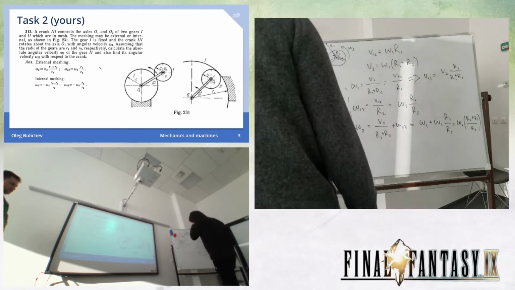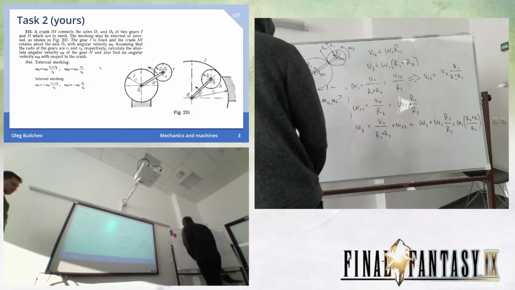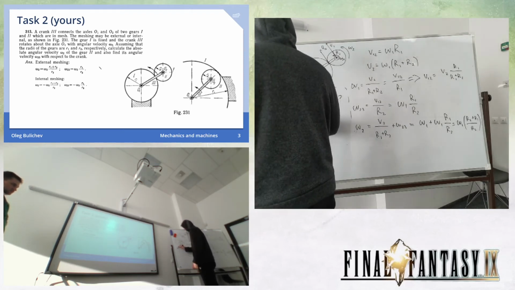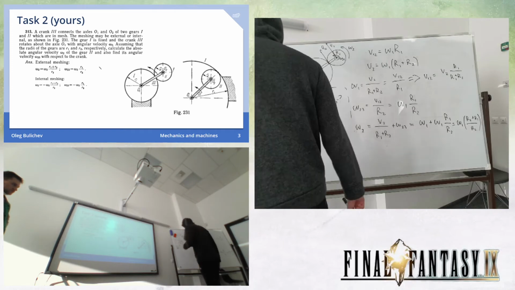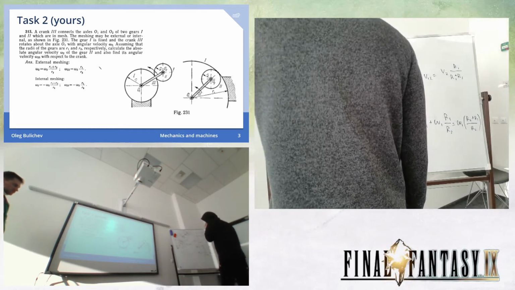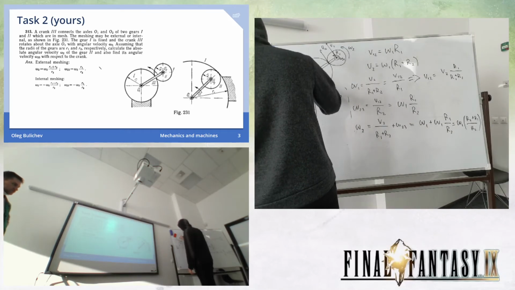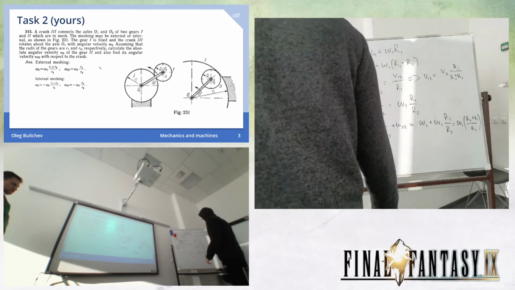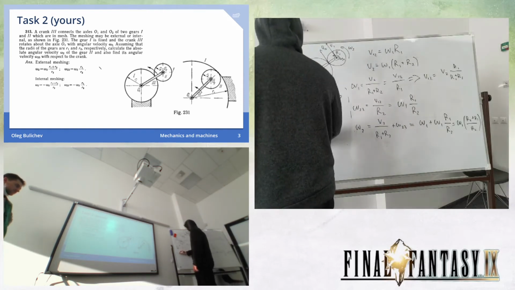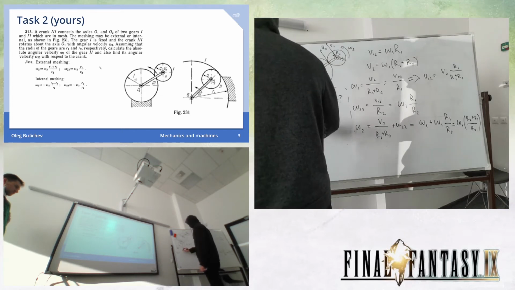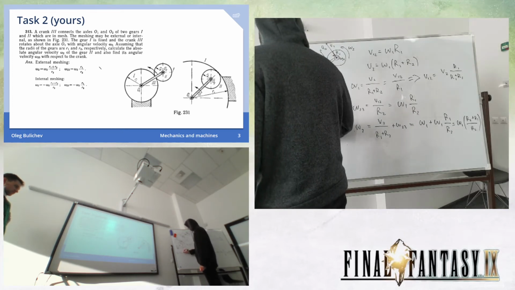Okay. So our input gear is the larger gear. We know it's omega 1. We can find the velocity at this point, V1, 2 is omega 1 and 1.